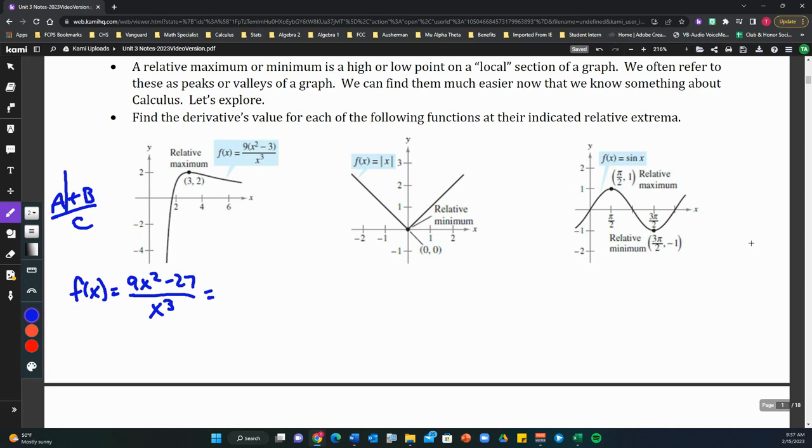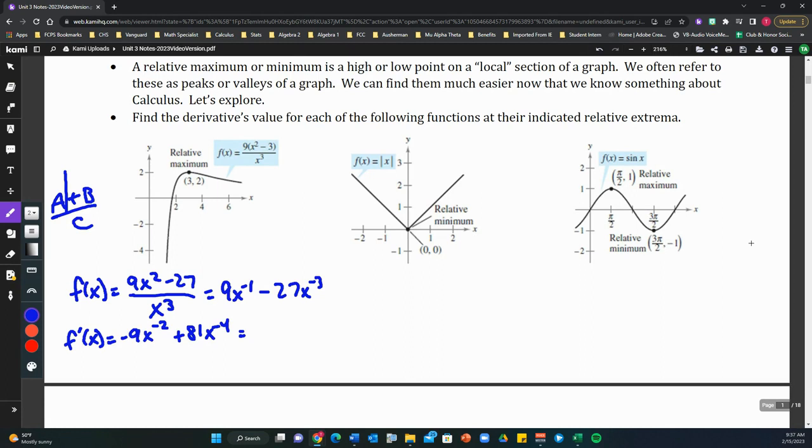So I'm going to rewrite this as x squared over x cubed is 9x to the negative first minus 27x to the negative third. When I split that, I can reduce any common variable factors and then rewrite it so that I can take the derivative with the power rule. So now if I take the derivative of this new form, I get negative 9x to the negative second plus 81x to the negative fourth.